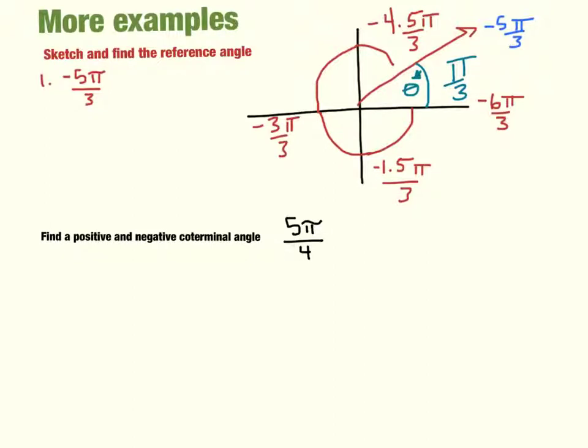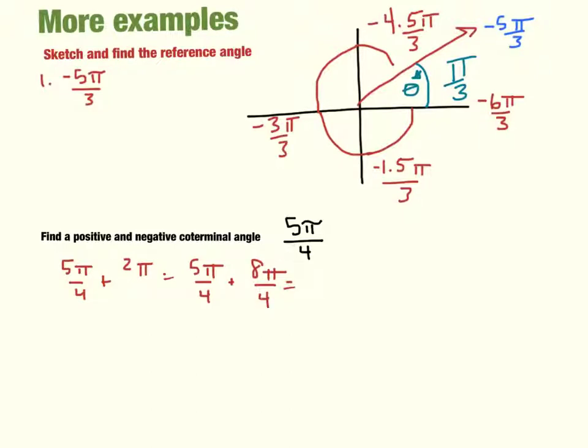So to find positive and negative coterminal angles for 5 pi over 4, I'm just going to add and subtract 2 pi from 5 pi over 4. So I've got 5 pi over 4 plus 2 pi. Or I could write that as 5 pi over 4 plus 8 pi over 4.